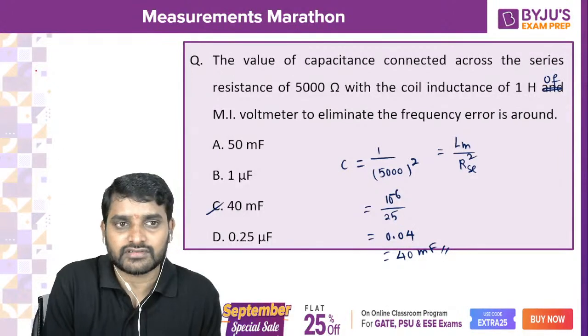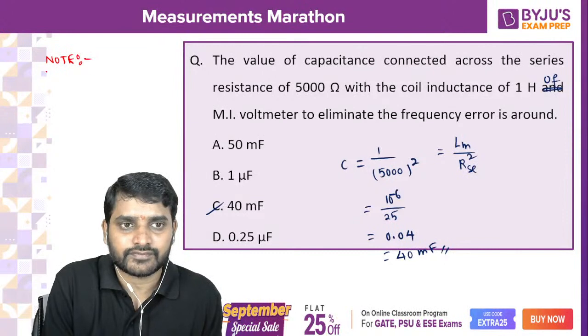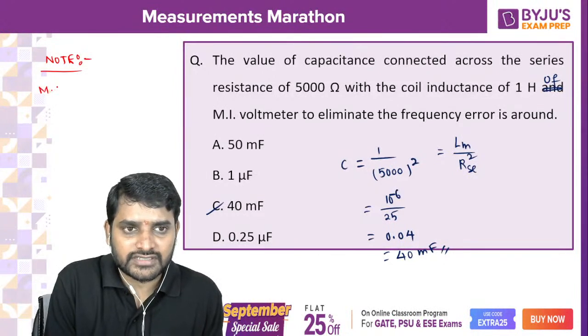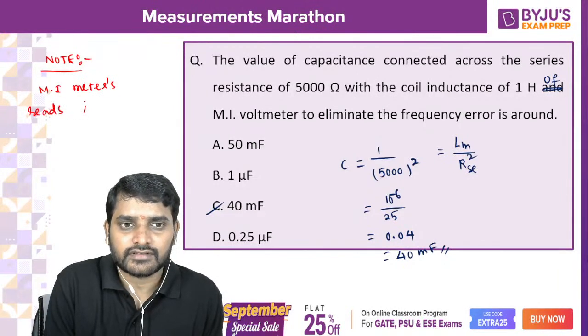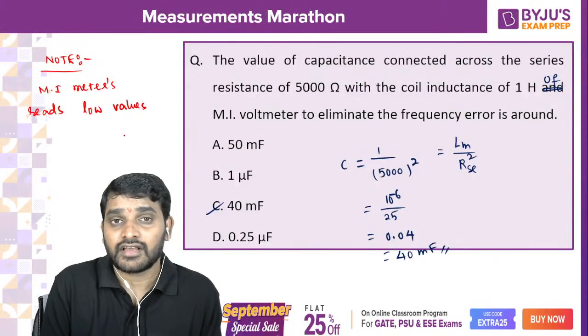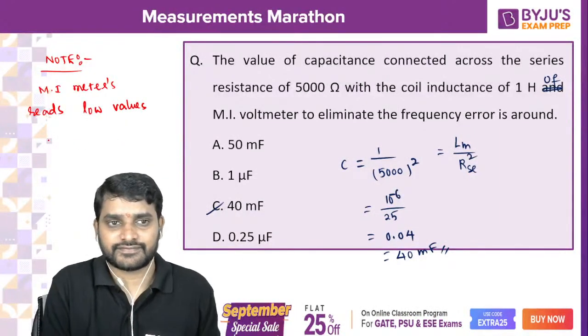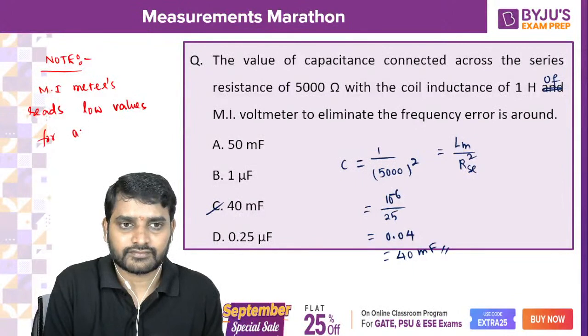This is a very good question: MI meters read low values for ascending currents, or for ascending quantities.